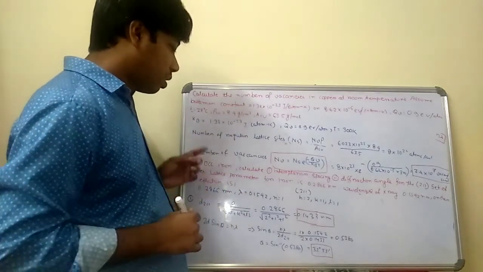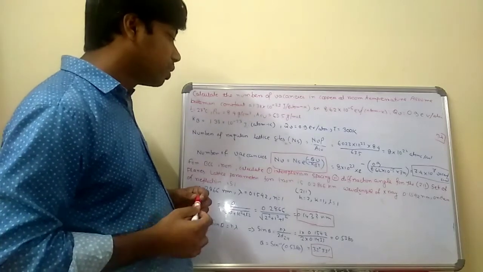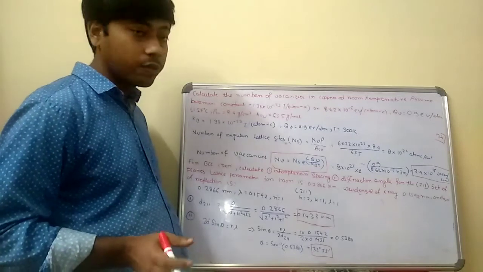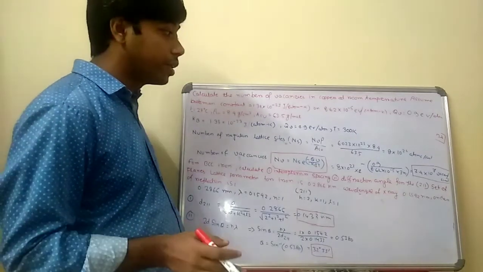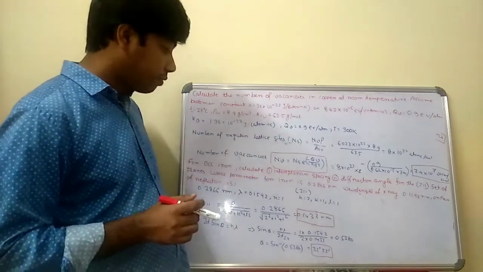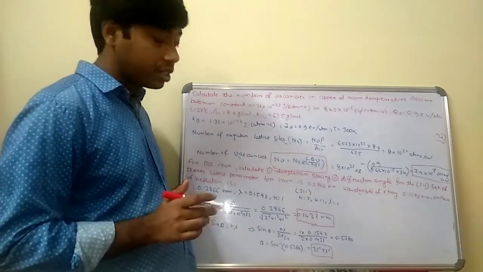Now for this, two values are given to you: the lattice parameter of iron, that is 0.2866 nanometer, and the wavelength, that is 0.1542 nanometer. The order of the reflection is 1.